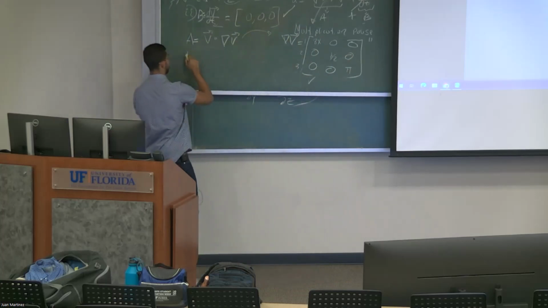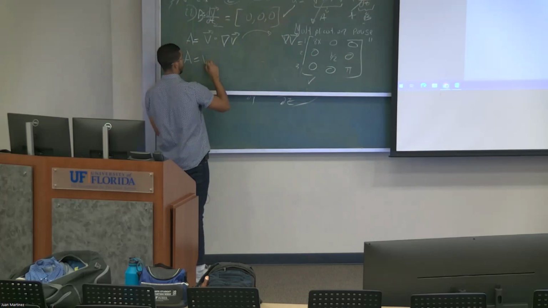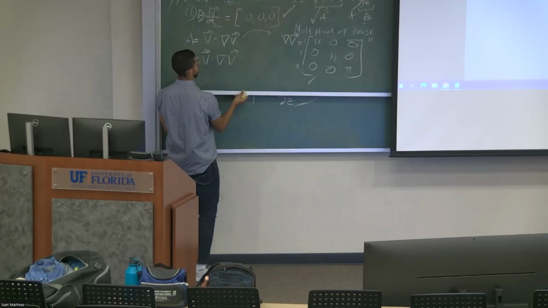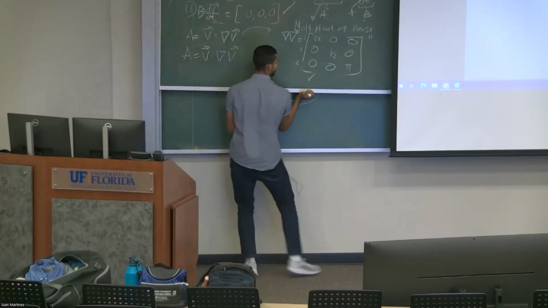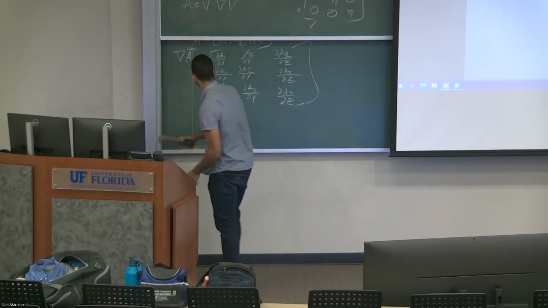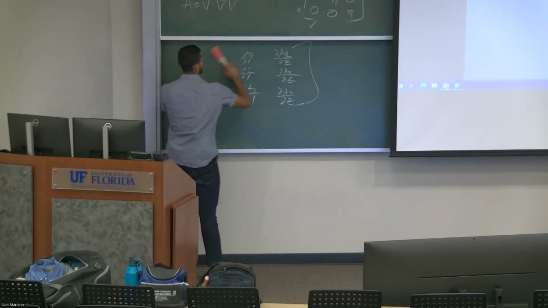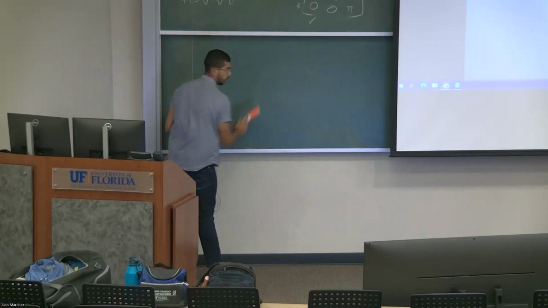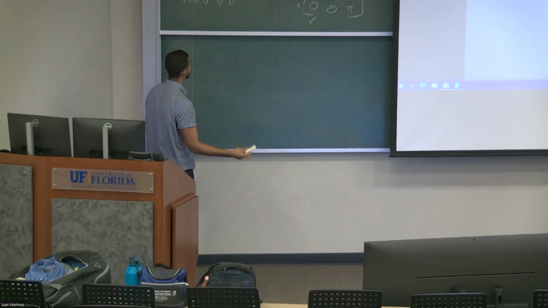And then if we continue here, we have A, the vector velocity, times the gradient of the vector velocity. Let me erase this really quick. So I'm going to write the vector and I want you to multiply it.